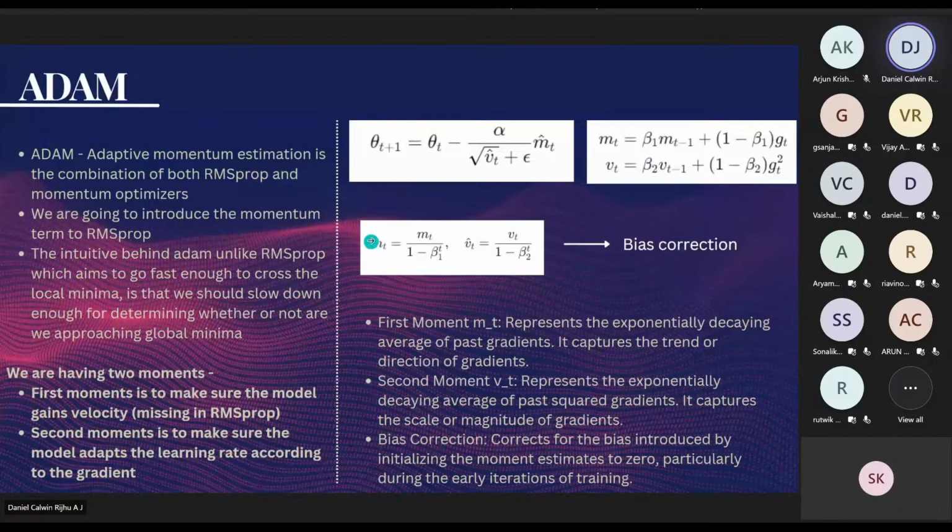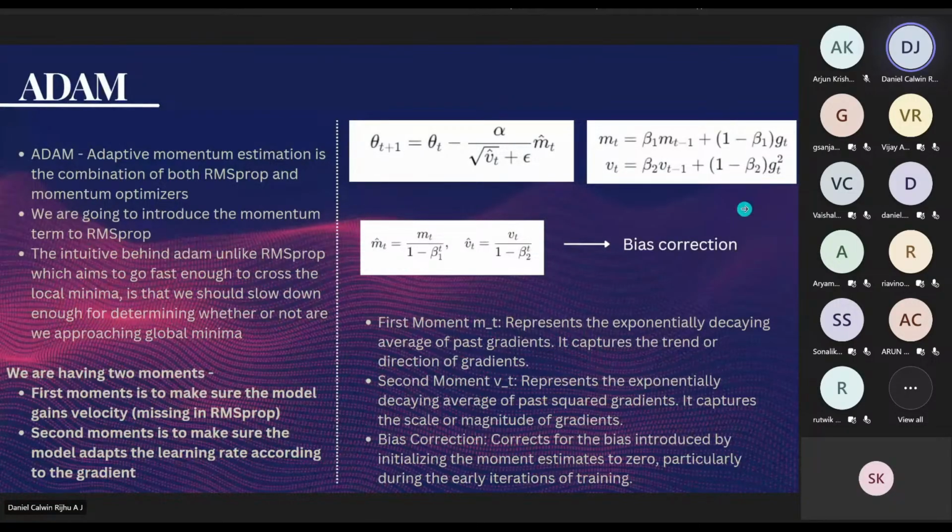As you can see over here, we are going to be having two different moments. The first momentum is going to be MT, and the second one will be VT. The first momentum is going to represent the velocity momentum, and the second one is going to be the momentum that represents the accumulated square gradient, which is very similar to that of the RMSprop.